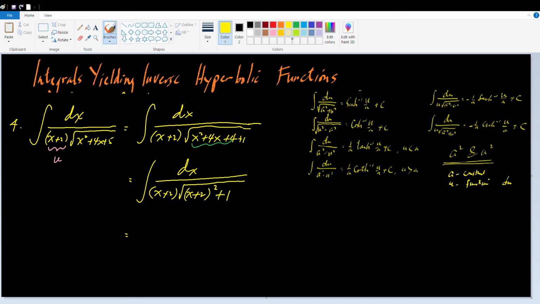So it is of the form du all over u square root of u squared plus a squared, or a squared plus u squared. And that gives us negative 1 over a, or negative 1 over 1, inverse hyperbolic cosecant of u, x plus 2 all over a, which is 1, plus c.